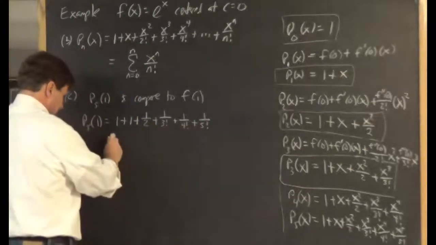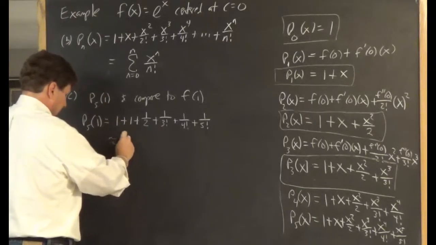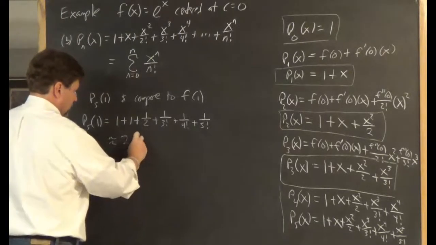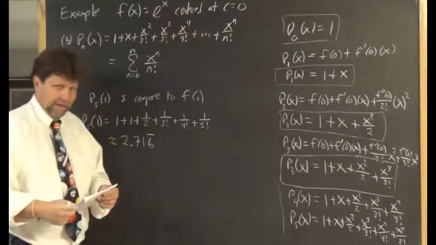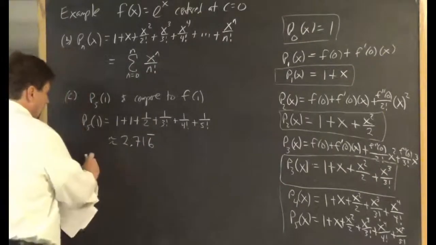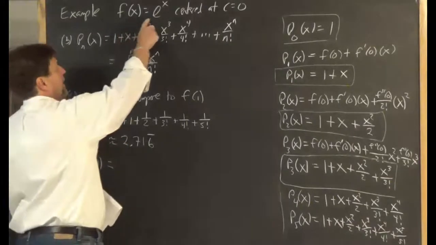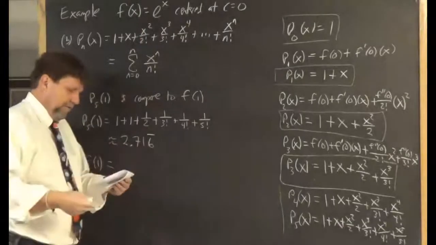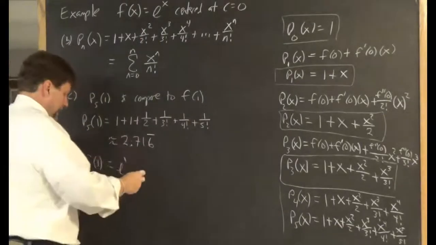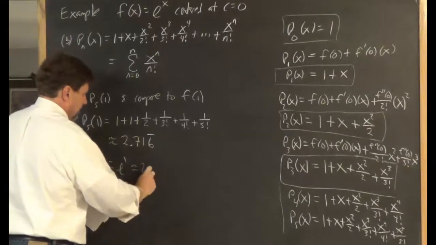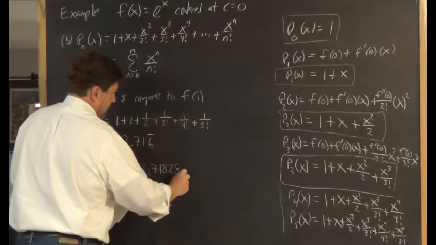And this ends up being, you know what, I'm not going to write down all the digits. It's 2.716, and the 6 repeats. F of 1. So if we evaluate e to the x at 1, well, we know f of 1 is just e to the first, which is just e, and e is about 2.71828, blah, blah, blah.